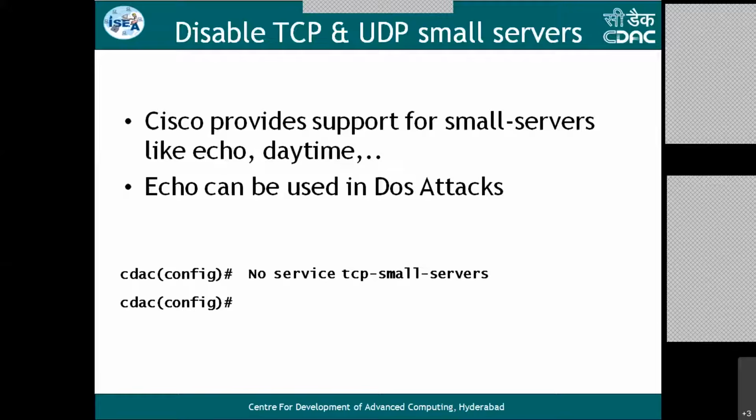Otherwise, when investigating an attack or an incident, if the timestamps are different, you cannot prove that the incident happened. That is why you maintain the NTP protocol. These services are not required on individual devices, so no service tcp-small-servers is always a better setting.